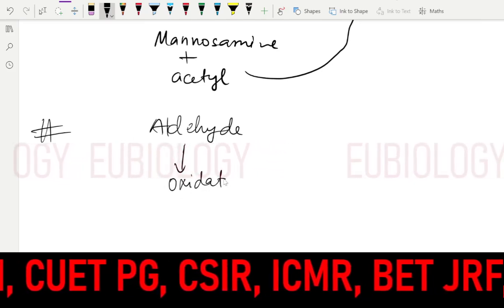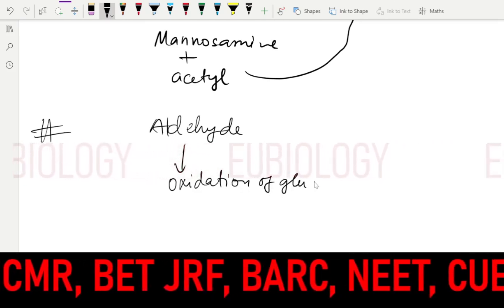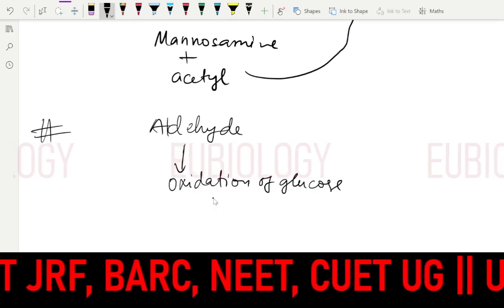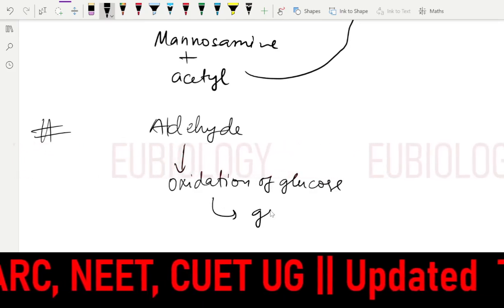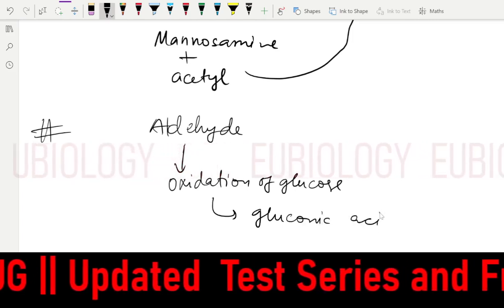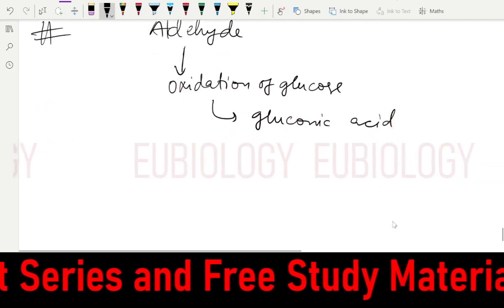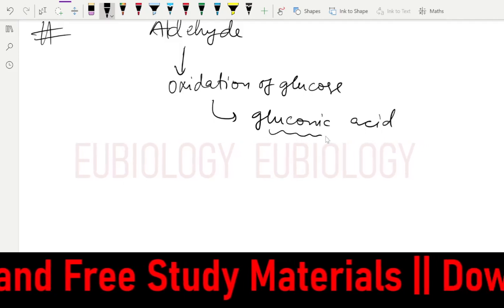Aldehyde oxidation of glucose, it will give you what? Gluconic acid. So we are seeing the derivatives. And what is the use of this gluconic acid?